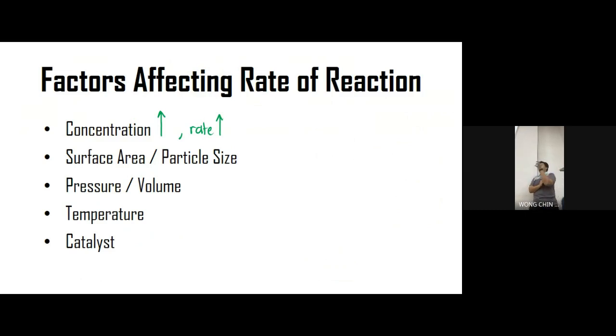How does the surface area or particle size affecting the rate of reaction? Christina, very simple example. Fine salt and coarse salt. Which one has the bigger surface area? The surface area of fine salt will be large. Agree, class? And vice versa, coarse salt, the surface area will be small.